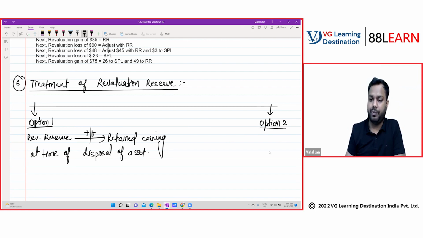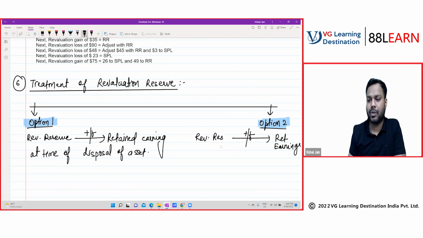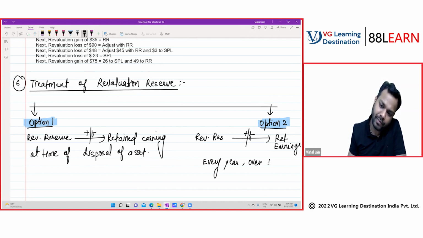Now, what is option number 2? Option number 2 is that the revaluation reserve will be transferred to retained earnings every year over the remaining useful life of the asset.